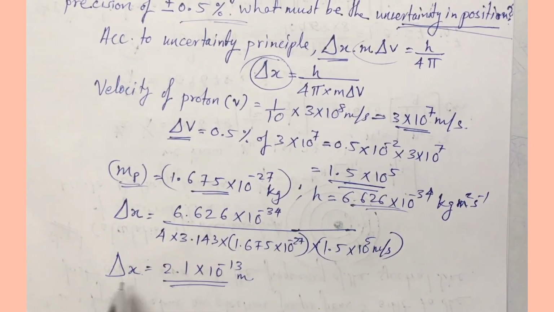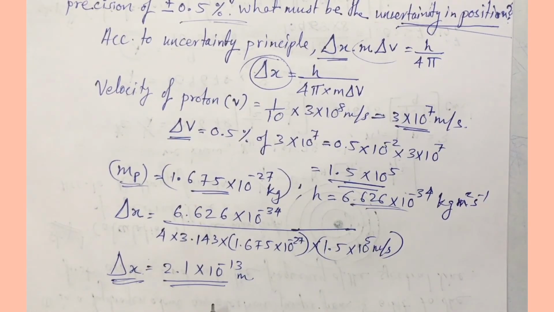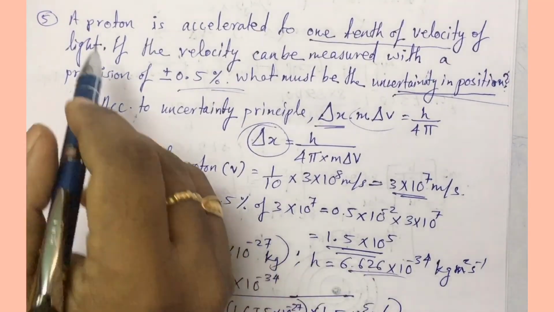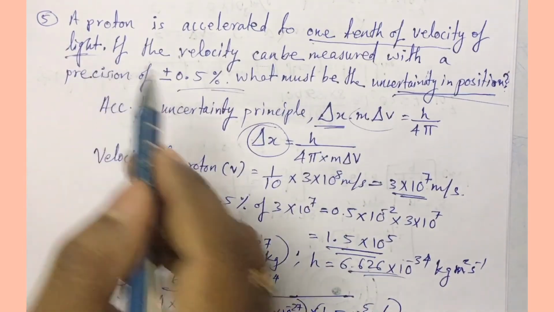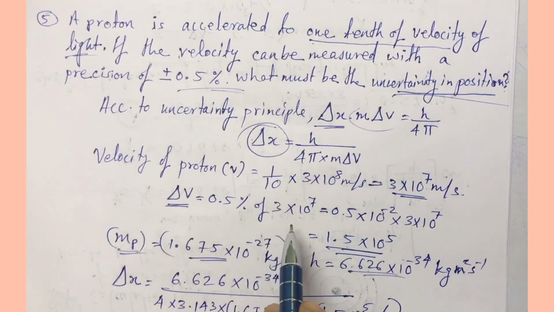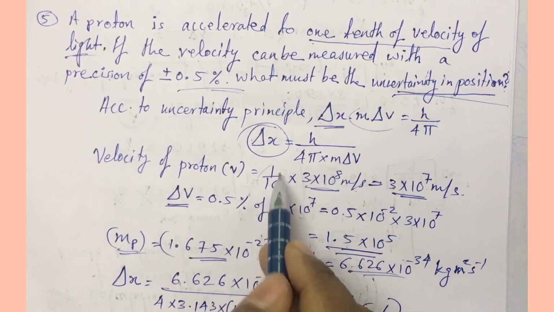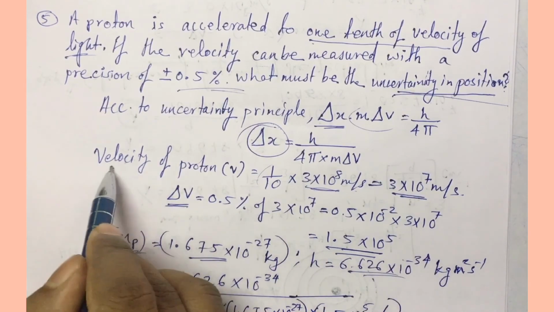So children, this is the uncertainty in position, that is delta x of the proton. Okay, so the question asked: the proton is accelerated to 1/10 of the velocity of light. So we know the velocity of light is 3 into 10 raised to 8 meter per second. So 1/10 into the velocity of light, we have got the velocity of the proton.